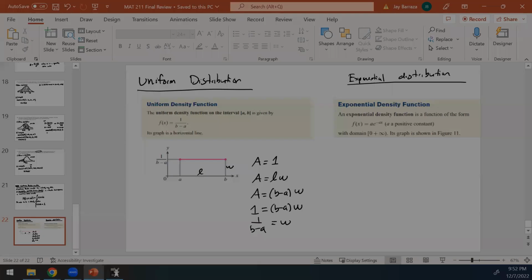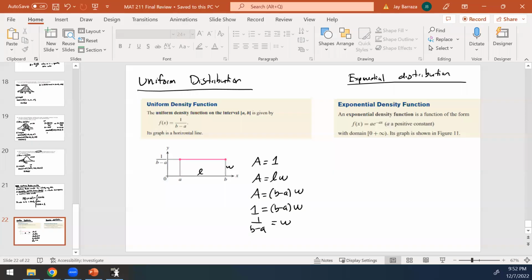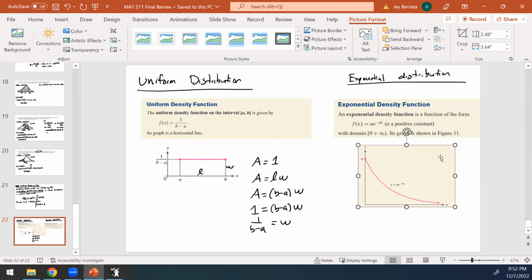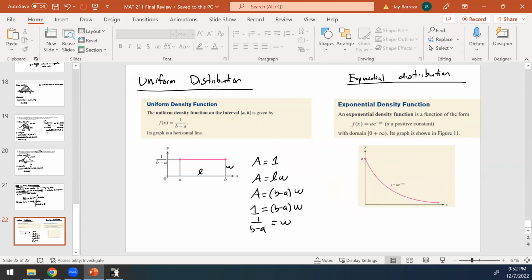The graph of this one is going to be the following. So that's what the graph looks like. For us, it's always going to be decaying. So you just have to remember those 2 basic distributions. Are there any questions on that? I want to make sure.